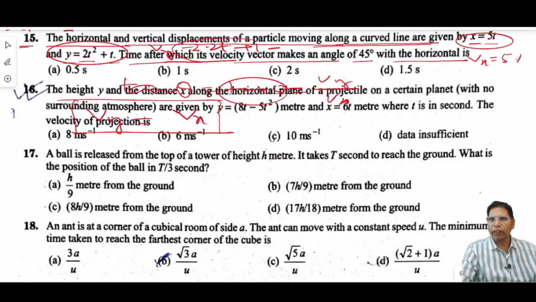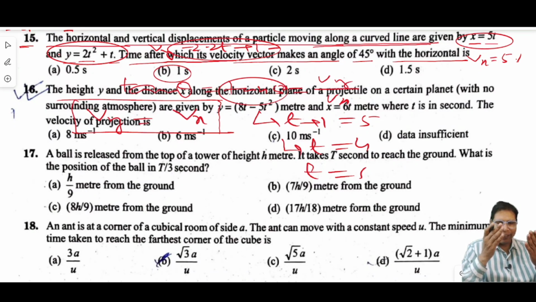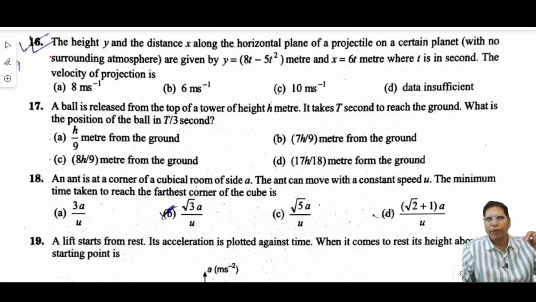So look at this, this is the 4t plus 1, this equal to 5. Therefore 4t equal to 4. Therefore t equal to 1 second. So after 1 second, the velocity vector makes an angle 45 degree with the horizontal. Okay, next.